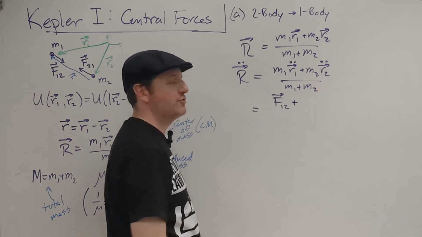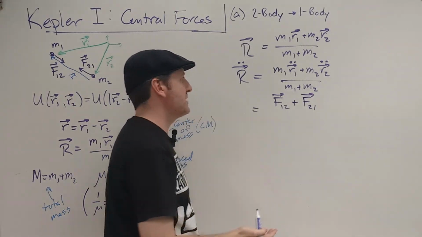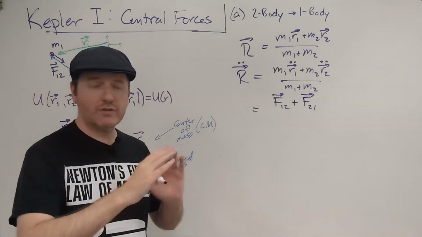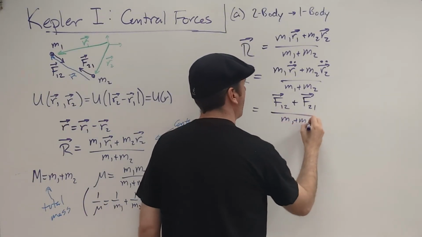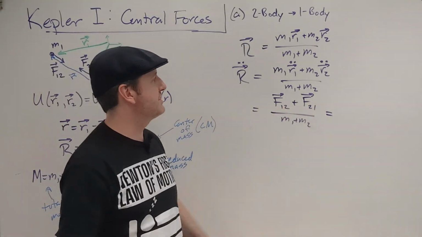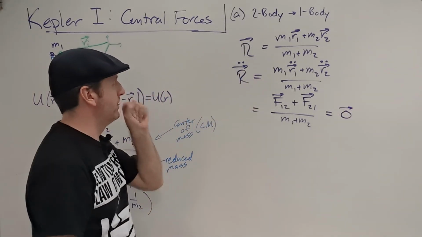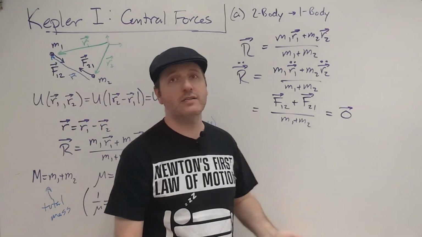Similarly, MA for object 2 will just be the total force on object 2, but there's only one force acting on object 2. It's the force on 2 due to 1, which maybe it's gravity, but right now it's just some generic central force. But look, by Newton's third law, these are equal and opposite vectors, so I just get the 0 vector. In other words, the acceleration of the center of mass is 0.